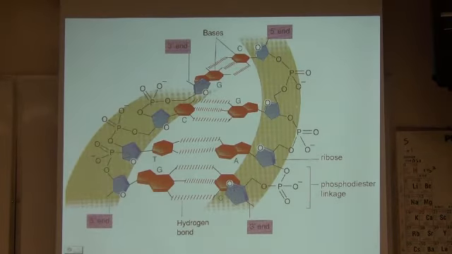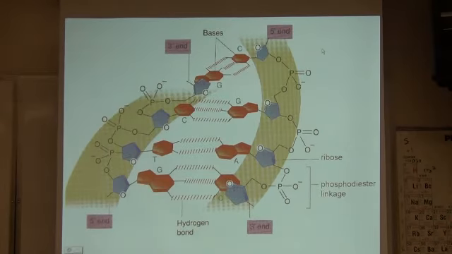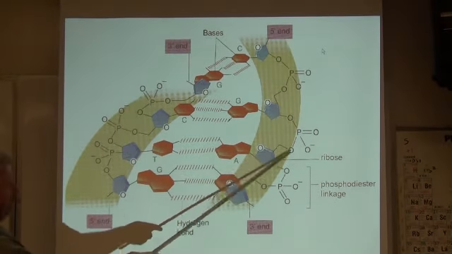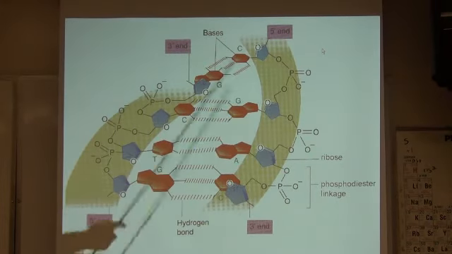This is just another way of seeing it. There's our 5' end, color coded here. Our nitrogenous bases are orange, our sugar units are blue, and we can see our phospho-sugar backbone here in this green color.